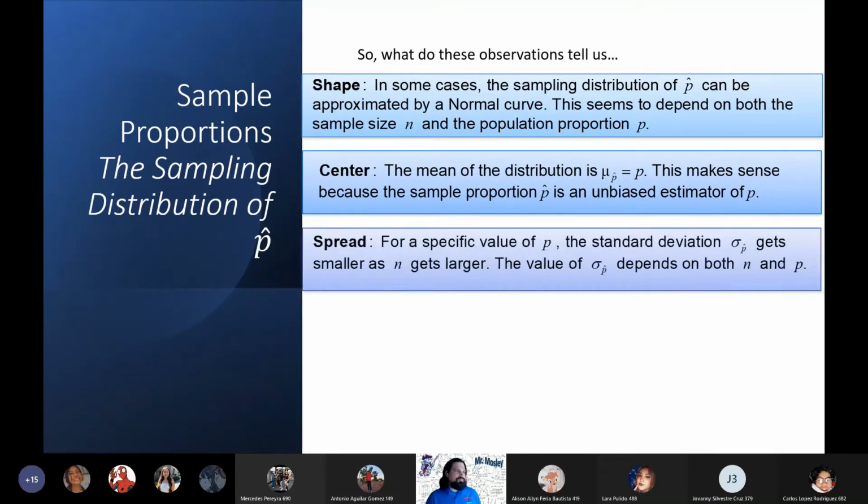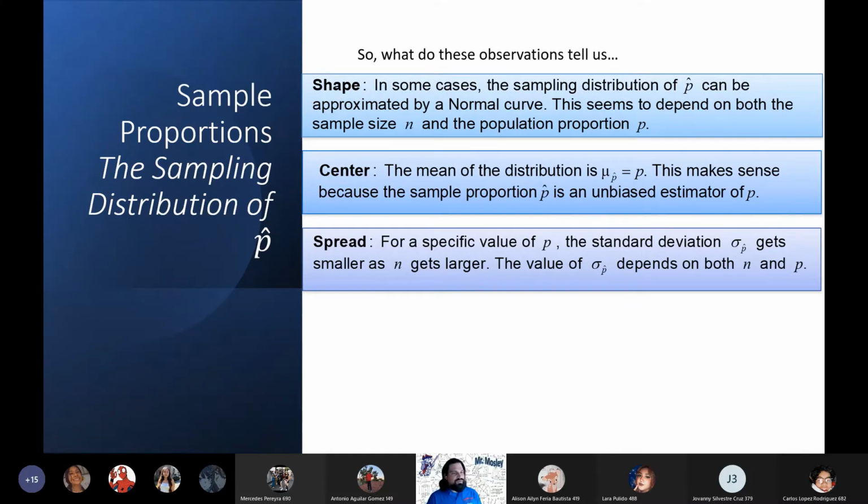Our parameter. For a specific value of p, that's our parameter p, the standard deviation of p hat gets smaller as n gets larger. We get less variance, and that's again what we talked about in the previous lesson. As we get a larger sample size, our sampling distribution gets narrower. There's less variance.